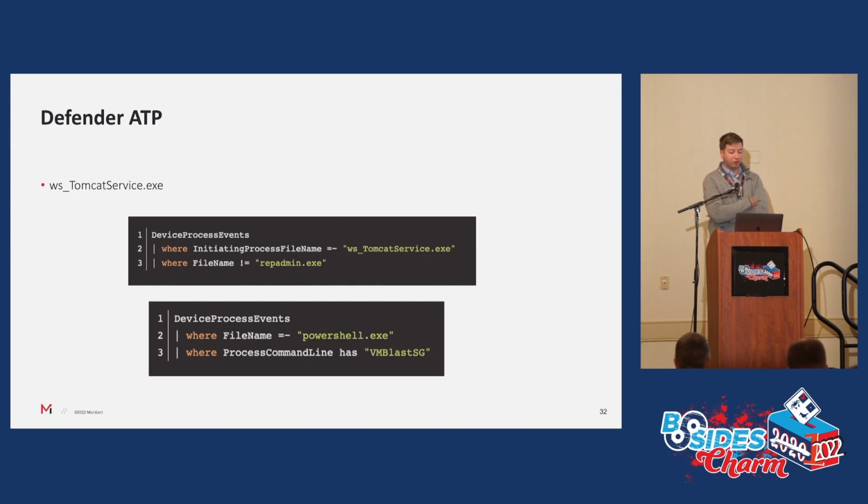So for example, if you had something like cmd.exe or PowerShell.exe being spawned out of ws_TomcatService, you probably want to look into that. Additionally, you could look at PowerShell.exe having something like vmblastSG in the process command line, which would indicate that PowerShell is restarting that VMblast service.